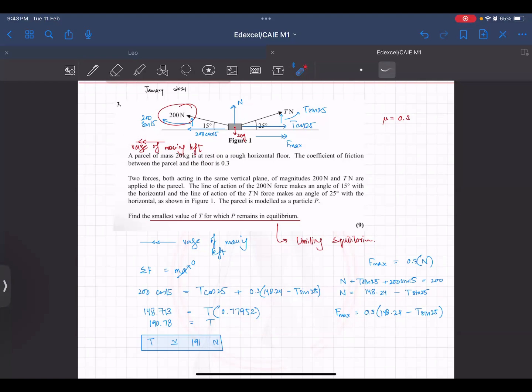I thought, why are they talking about the smallest value of T? This means that there's another value of T that is also possible, not just one value. So which situation would give me the smallest value of T, and why? That's why this was a good one.